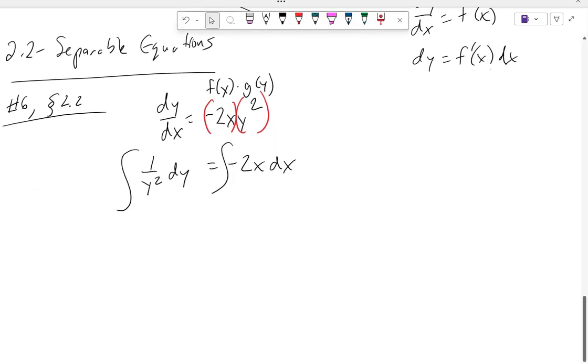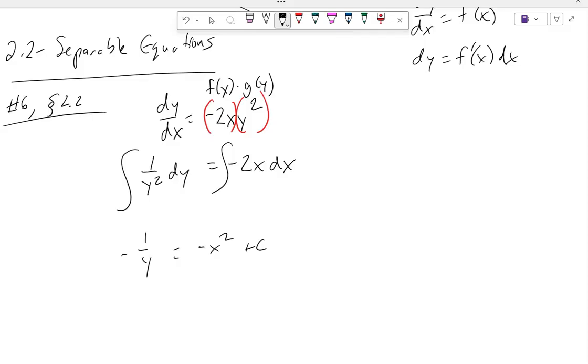Okay, now integrate. That's y to the negative 2. The antiderivative for y to the negative 2 is what? Negative 1 over y, negative y to the negative 1. The integral of negative 2x will just give me negative x squared plus a constant.